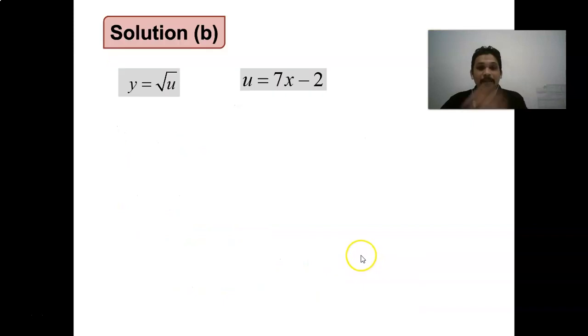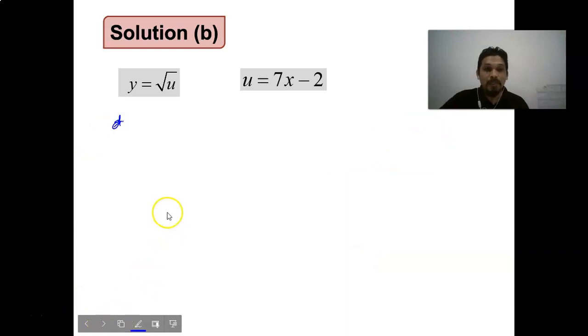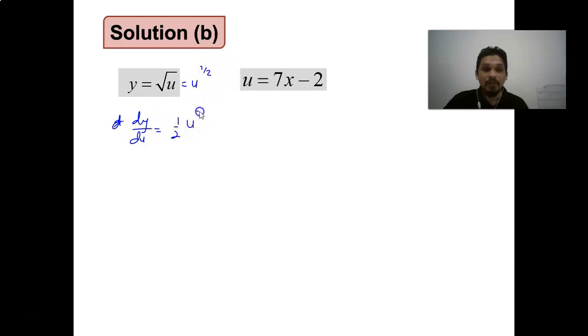Okay, so the next one. Wait, before that, for this one, u equals to the power of half. So then dy du equals 1 over 2 u to the power of half minus 1, which equals negative half, and du dx equals 7.